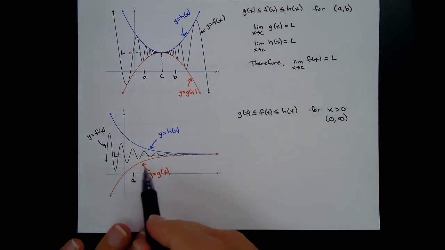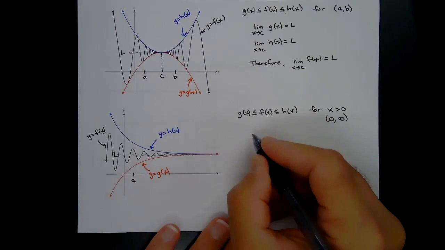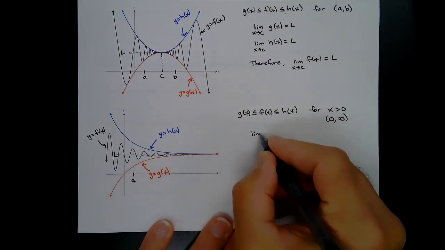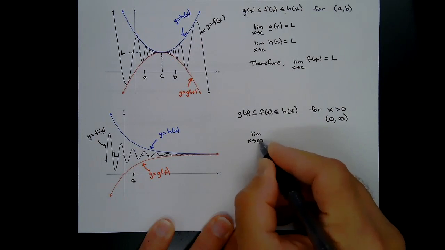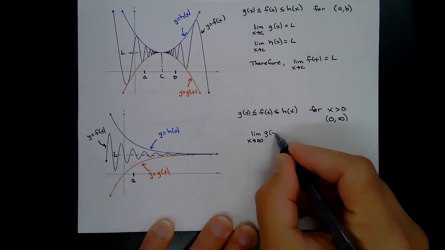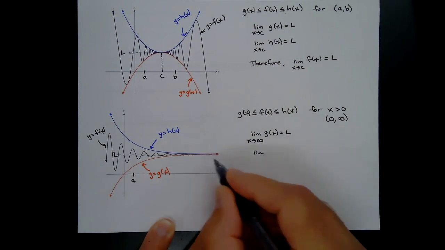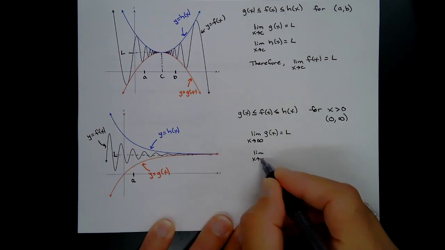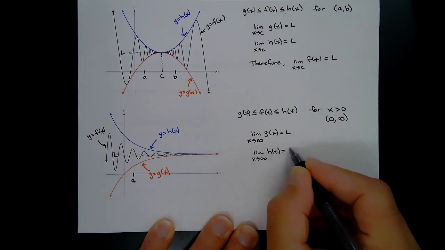Okay, and we look at this. So this g of x function is approaching this limit L. So the limit as x approaches infinity, because we're going to the right here, of g of x is equal to L, and the limit as x approaches infinity of h of x is equal to L.